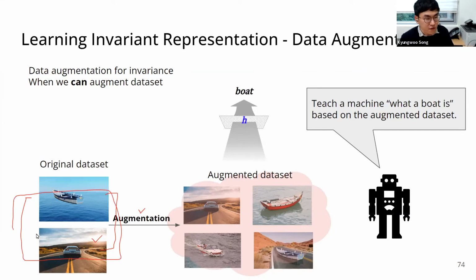What if we can train on more diverse datasets, such as a boat on the road and a car on the water? Our machine is able to know that the background does not indicate the label directly. Therefore, our machine starts to focus on the object itself, the invariant features. In summary, the first strategy is to augment the dataset and train the machine on the augmented dataset also.